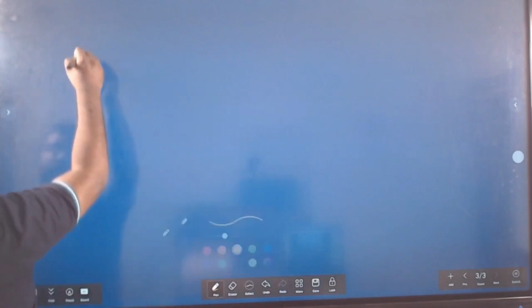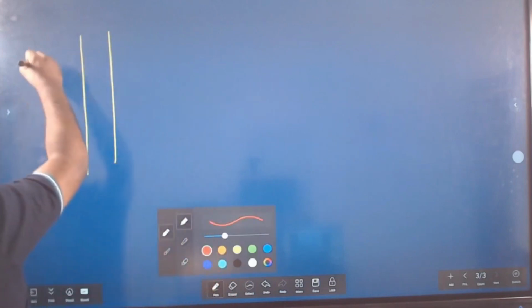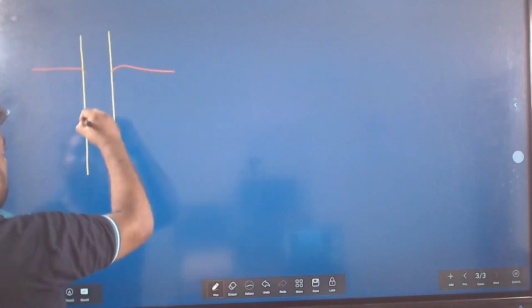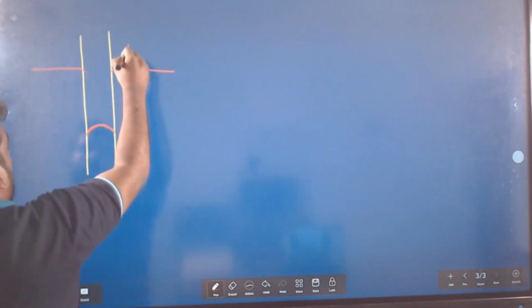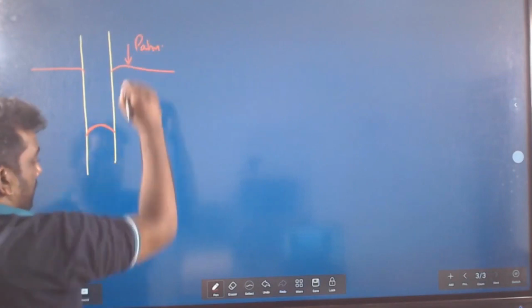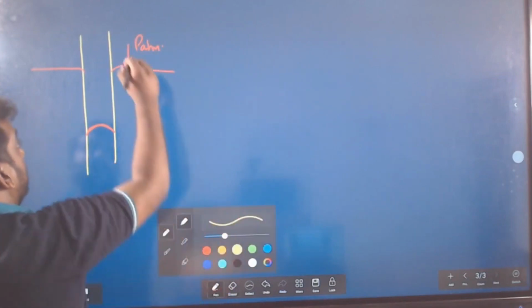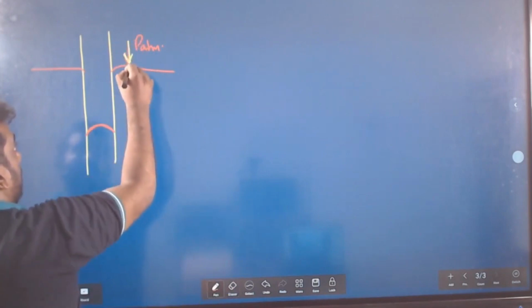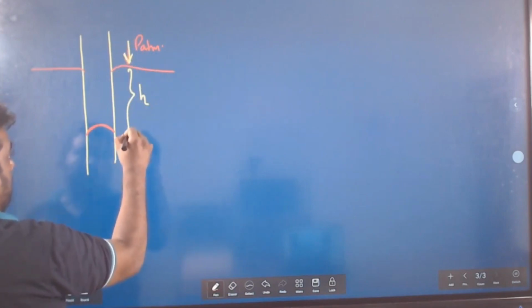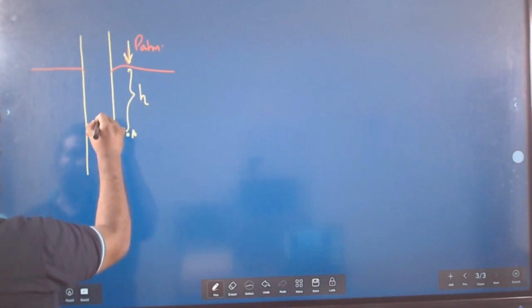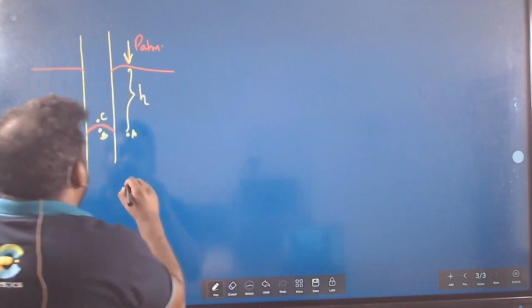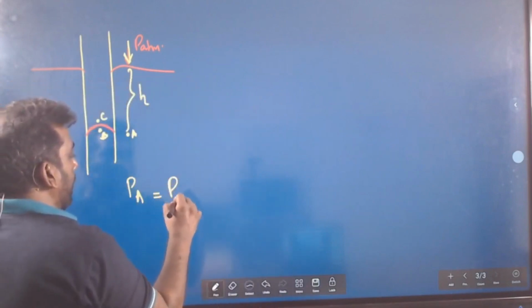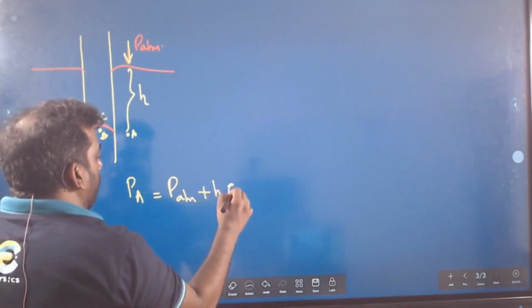So here you go. P atm is here, x is here, A, B, C. Let me write the equations. Pressure at A is equal to P atm plus h rho mercury g.